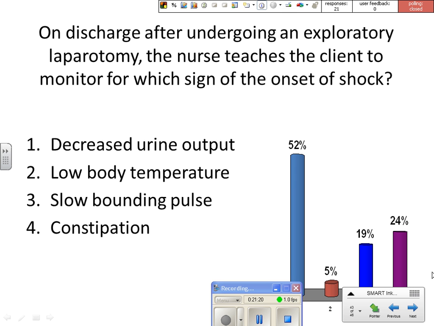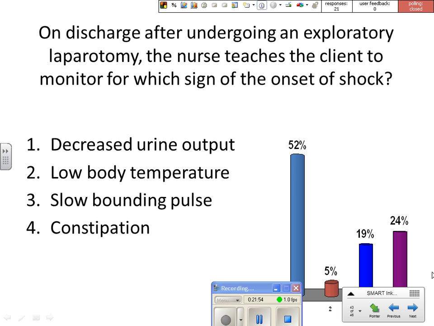Okay, 52% said decreased urine output, 19% said slow bounding pulse, 24% said constipation. What would be the first sign of shock that a patient might notice? Would low body temperature tell you that you're going into shock? Would a slow bounding pulse tell you that you're going into shock? Because what happens to your heart rate when you go into shock? Increases. But decreased urinary output the patient might notice.